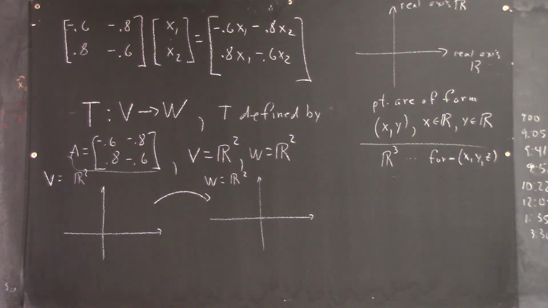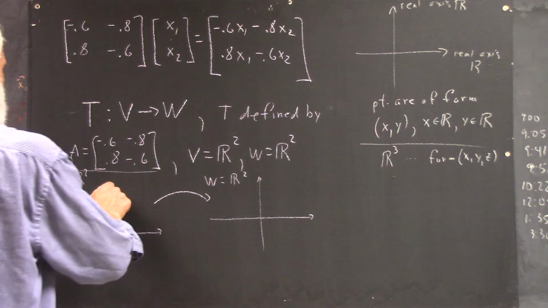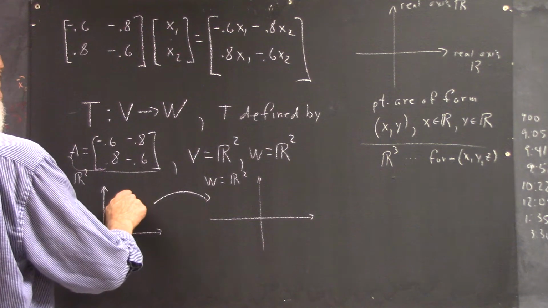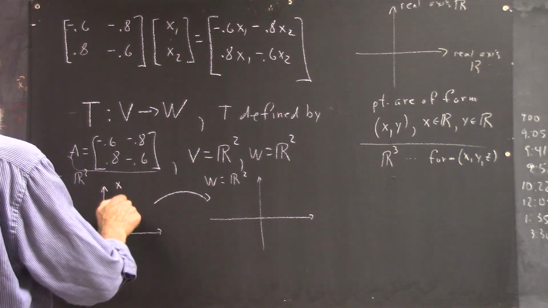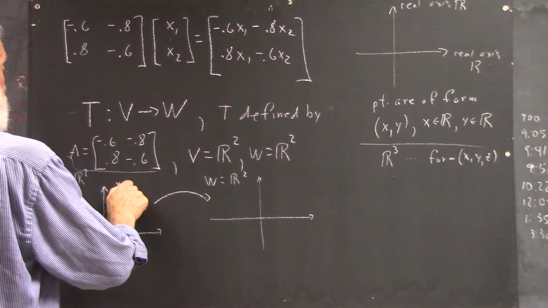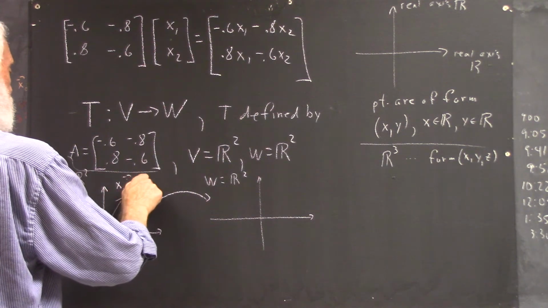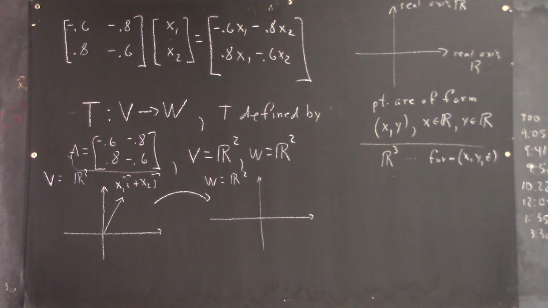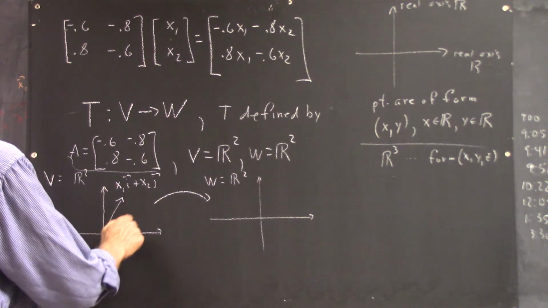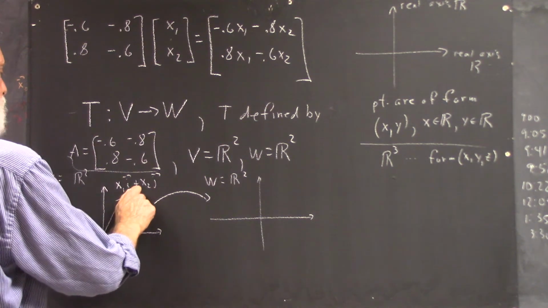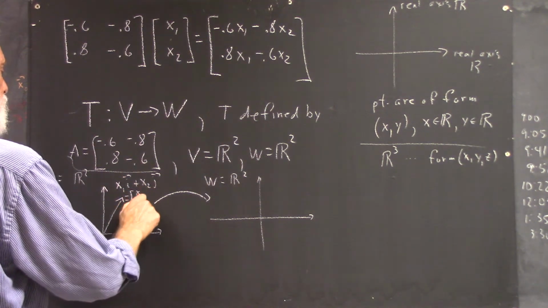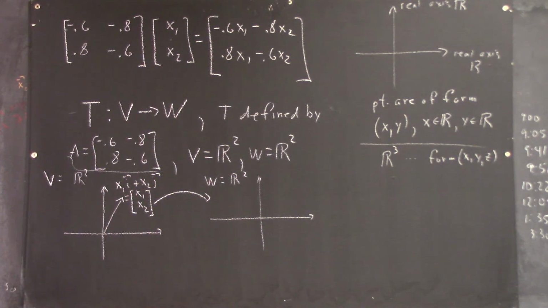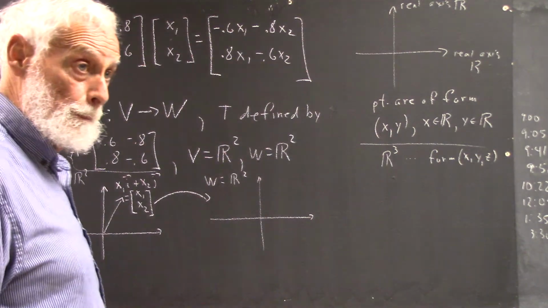And the rule is if I have the vector x1 i plus x2 j, which I designate by x1, x2, that this maps to a vector over here.